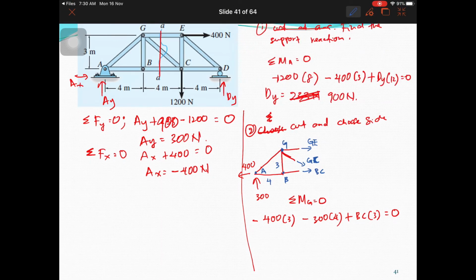This one is the same if we draw like this. So you have GC and you have GE here, and you have BE. If you lift this as a triangle, this triangle.